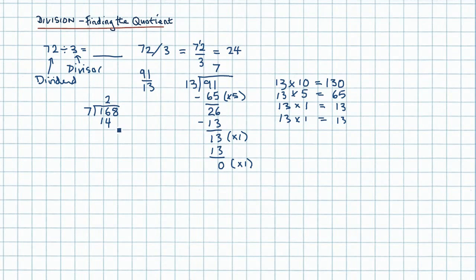So we multiply these back. You're never going to get a very big number here, and so it's always going to be a nice simple number up here. Whereas with the chunking method, remember we had to think about 13 into 91. That's quite a difficult thing to get our heads around. Here, it's a lot easier. We've just got 2.